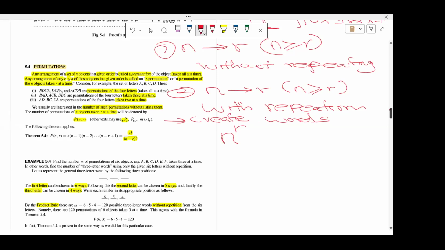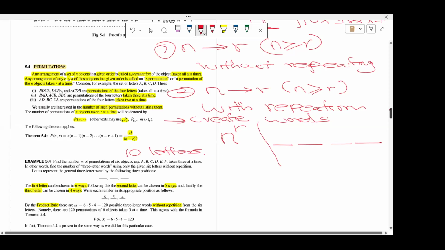This is one way. Another way, the same. Let's say you have 10 different letters given, and from these 10 letters you use only 4 letters, and you can use the same letter again, which means with repetition.